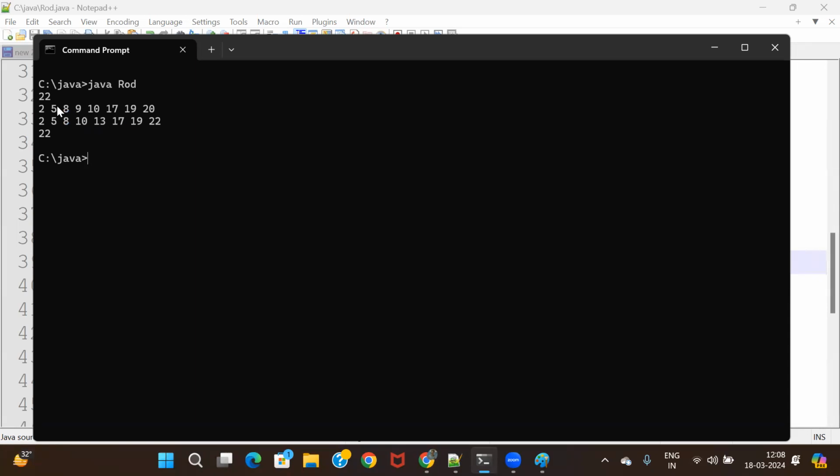Maybe 3 pieces of length 2, 15 only. For length of 6, it is 17. I leave it to you. For length of 7, it is 19. For length of 8, it is 22. So these are the solutions.